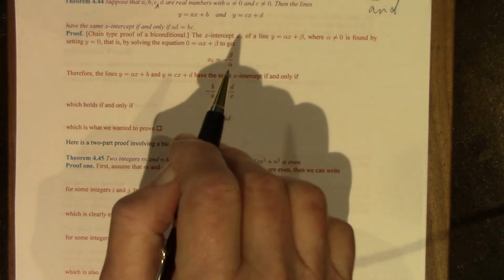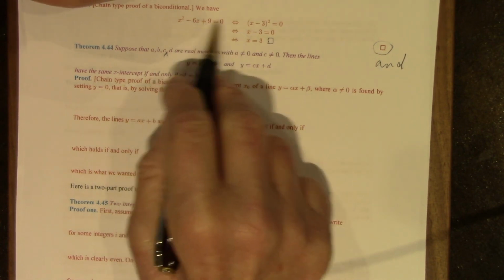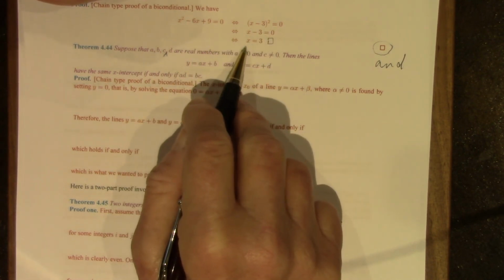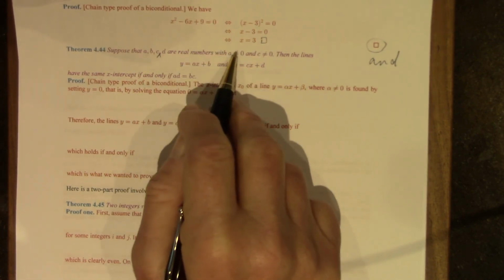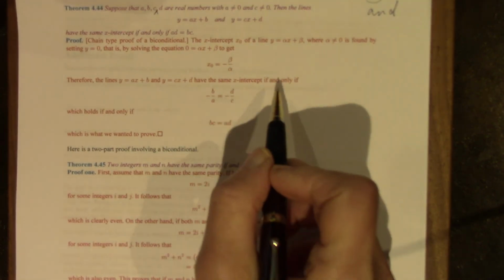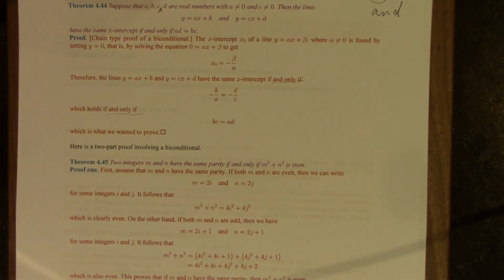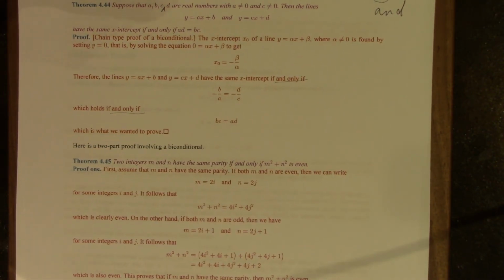It's a sequence of if and only ifs that are logically equivalent. It doesn't quite look the same as the previous one where I was able to display all the biconditionals in a display here. But you see if and only if, and if and only if. So they are biconditionals.